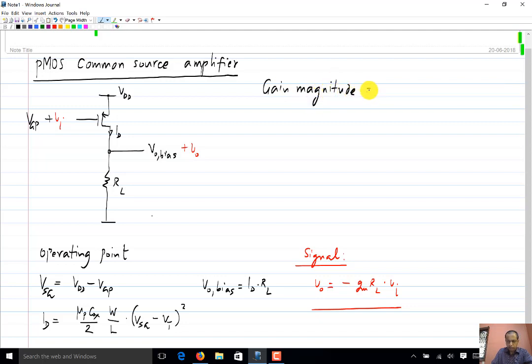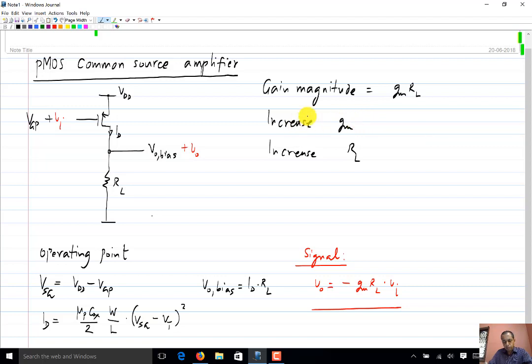The magnitude of the gain is GM times RL, and we have to increase it. In order to do that, we have to either increase GM or increase RL. Okay, and how do we do either of these things?